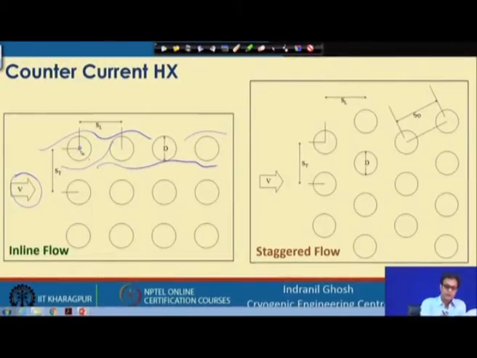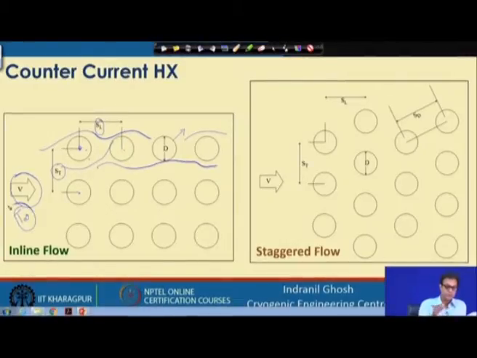The center line distance is called the transverse pitch, and the distance between two consecutive tubes in the flow direction is called the longitudinal pitch. D is the external diameter of the tube, and the frontal or free stream velocity is V.